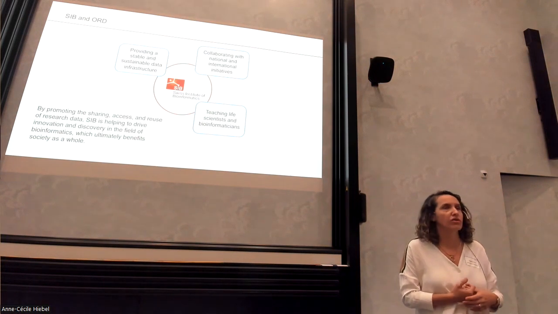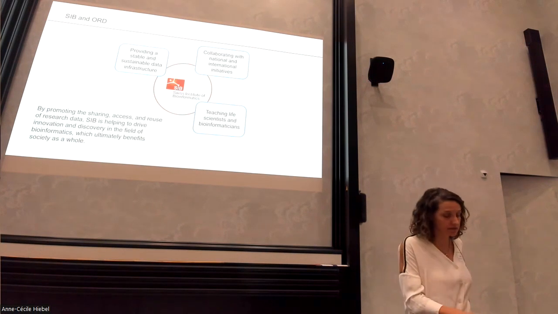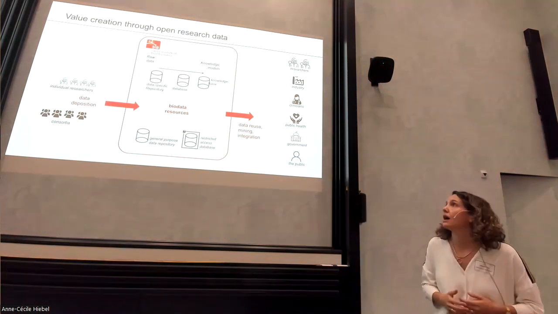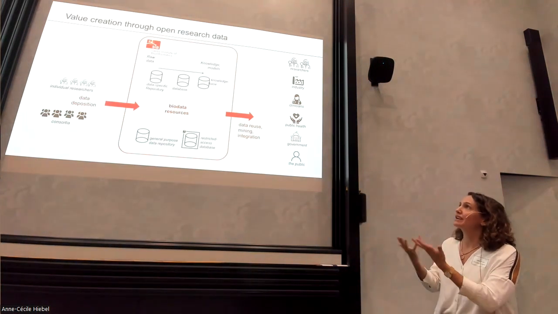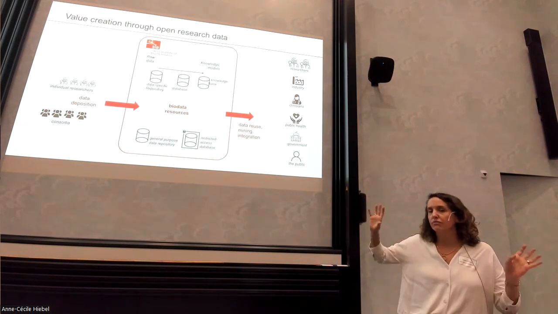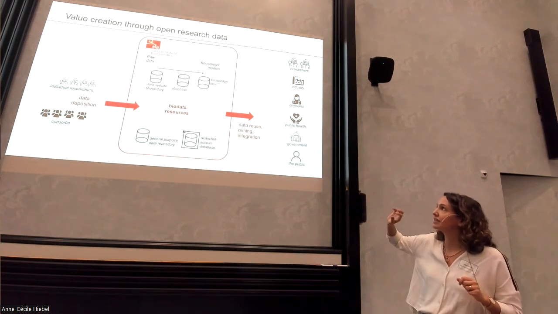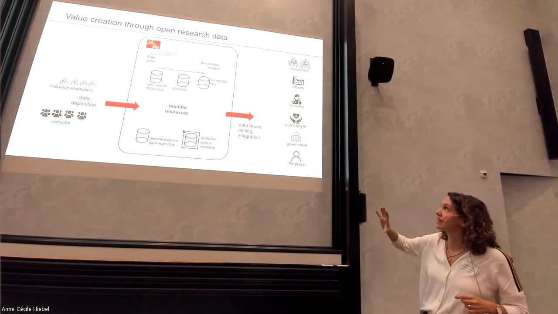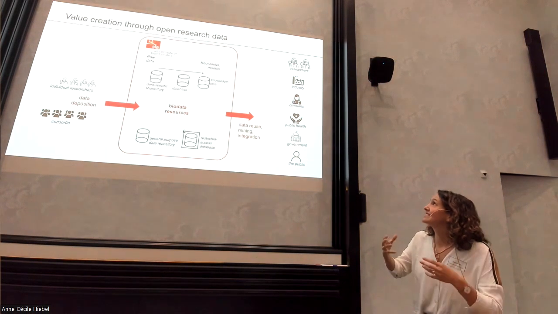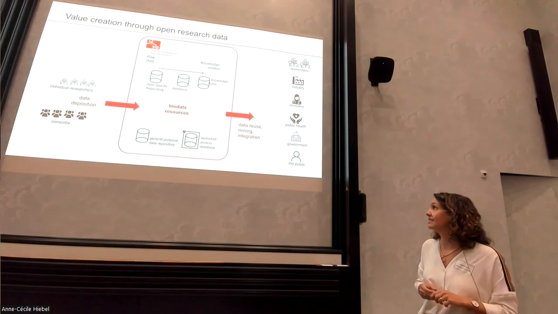And internationally, we are collaborating with the ELIXIR platform, which is a European platform of bioinformatics, very big also in Europe. And how is the SIB creating value from data? The individual researchers just develop the data, create the data, but then they deposit it into the SIB biodata resources. So the SIB, I put a square there, is in charge of digesting this data and putting it into knowledge models and into data repositories and databases.